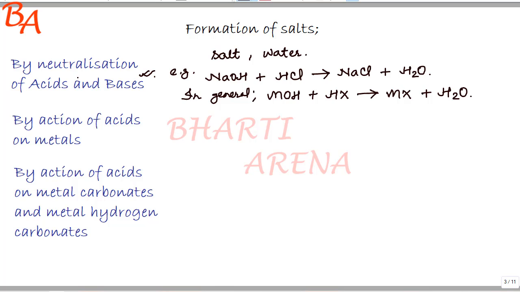for neutralization reaction. The cation of salt comes from base and thus is called base radical. Similarly, the anion of salt comes from acid and thus is called acid radical.